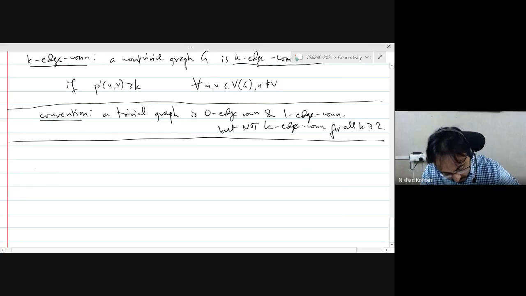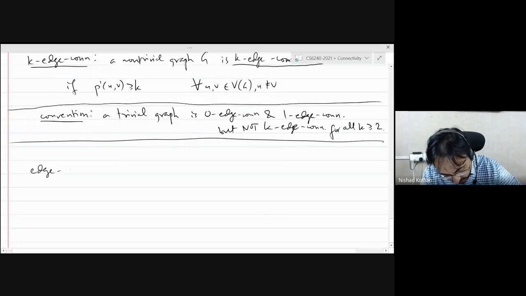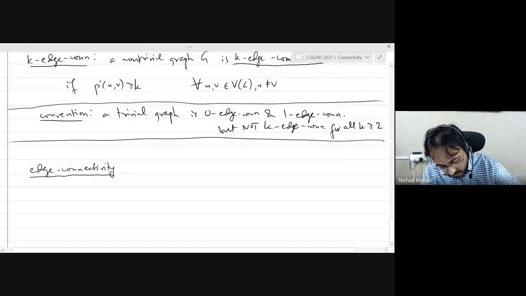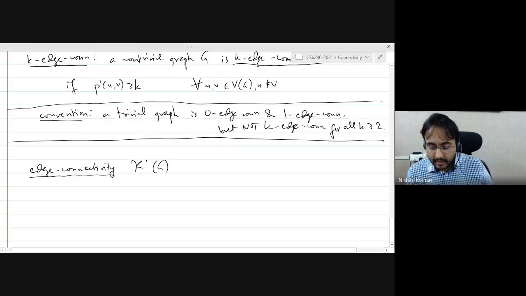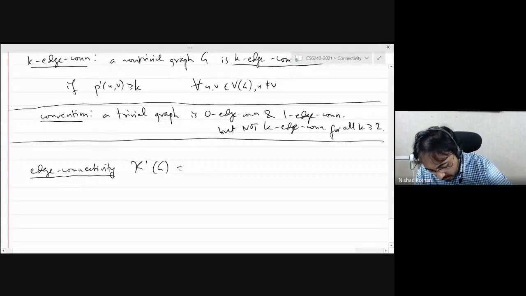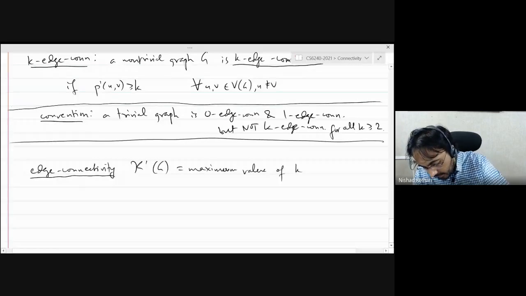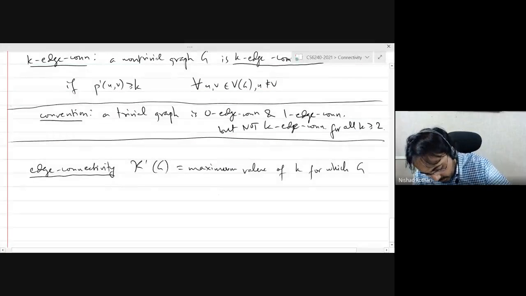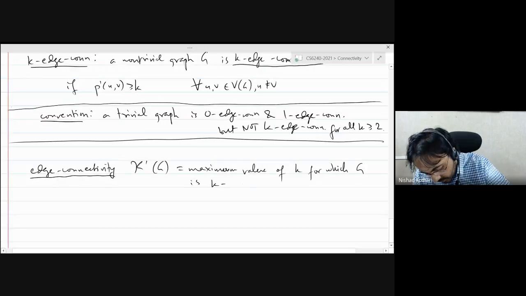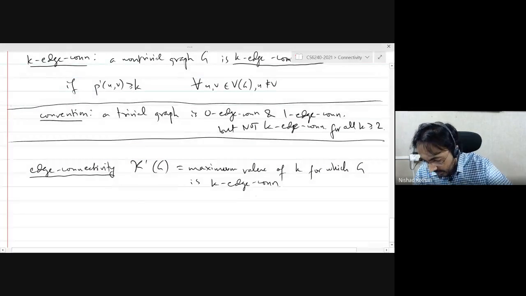So, edge connectivity kappa prime of g, because we use kappa for vertex connectivity, is equal to the maximum value of k for which g is k edge connected.